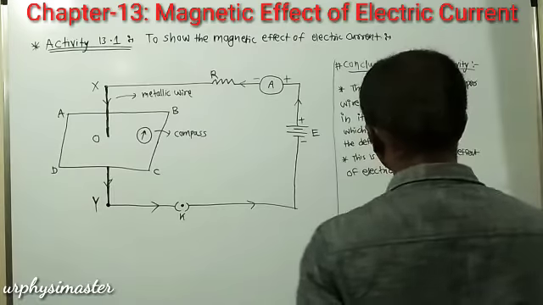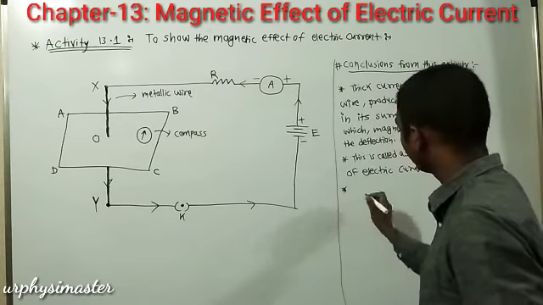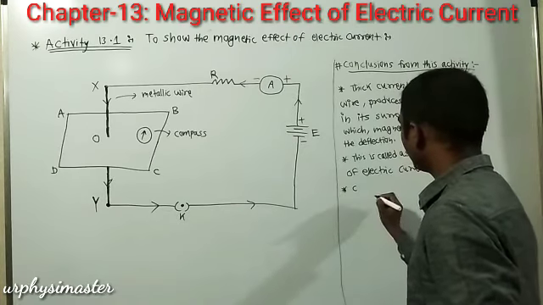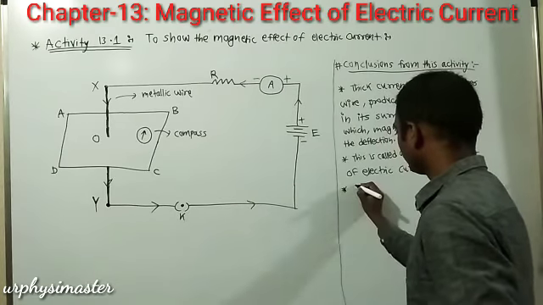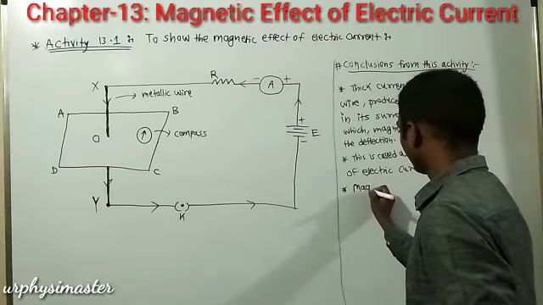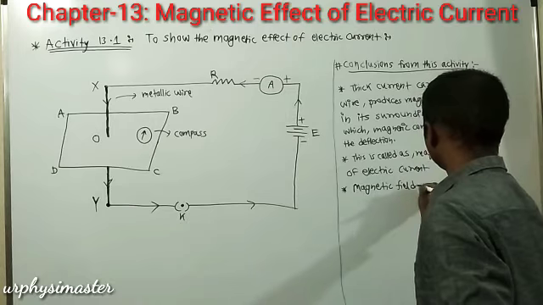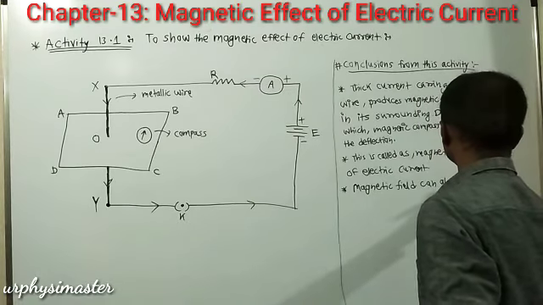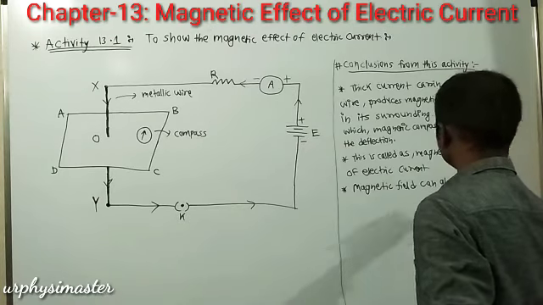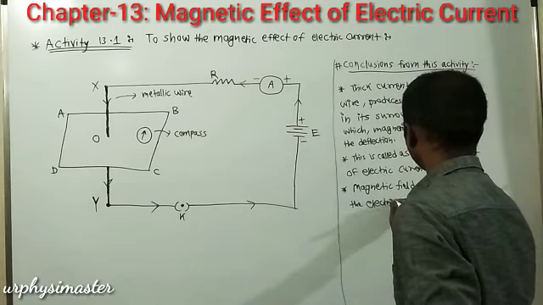Okay, what is the reverse condition? The reverse condition is that a change in the magnetic field can also produce the electric current.